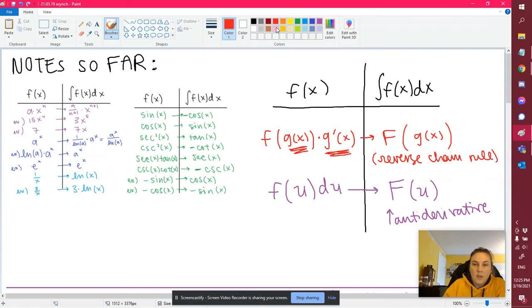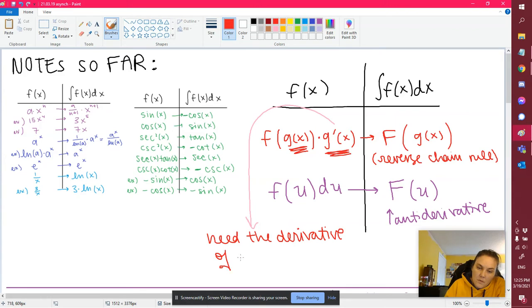And the super important thing is that we have the derivative of the inside multiplied in the equation, or in the integral, right? Need the derivative of the inside function.